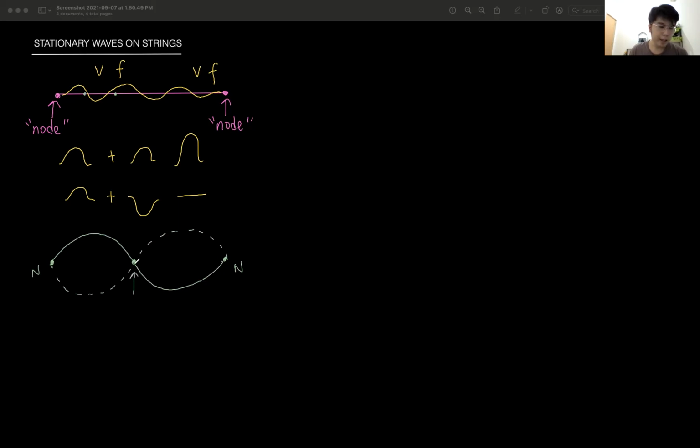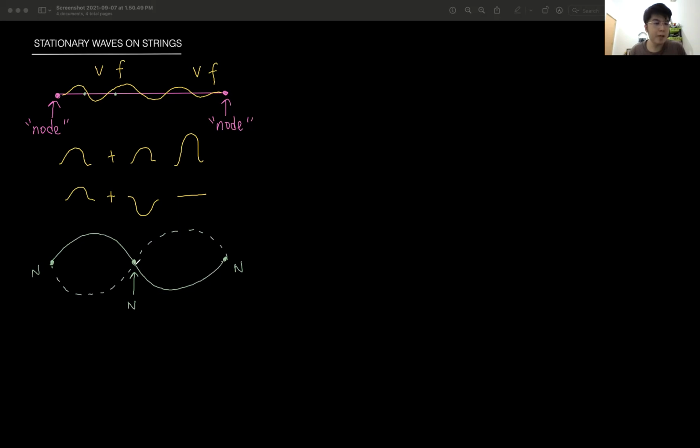Here, again, a point of no motion, what do we call it? Another node, right? So in this pattern, you have three nodes. What is happening at the node here? The node is where destructive interference takes place. Destructive is like you have a crest combined with a trough, so you get zero.